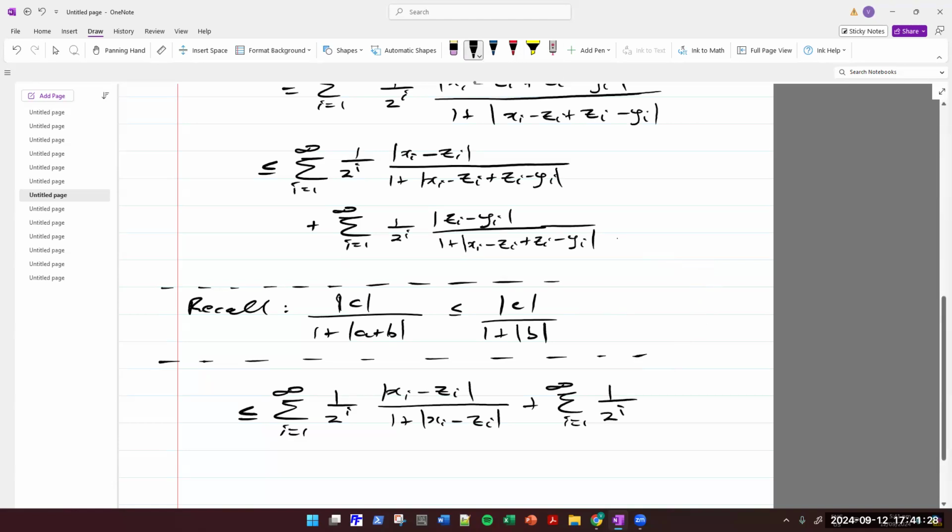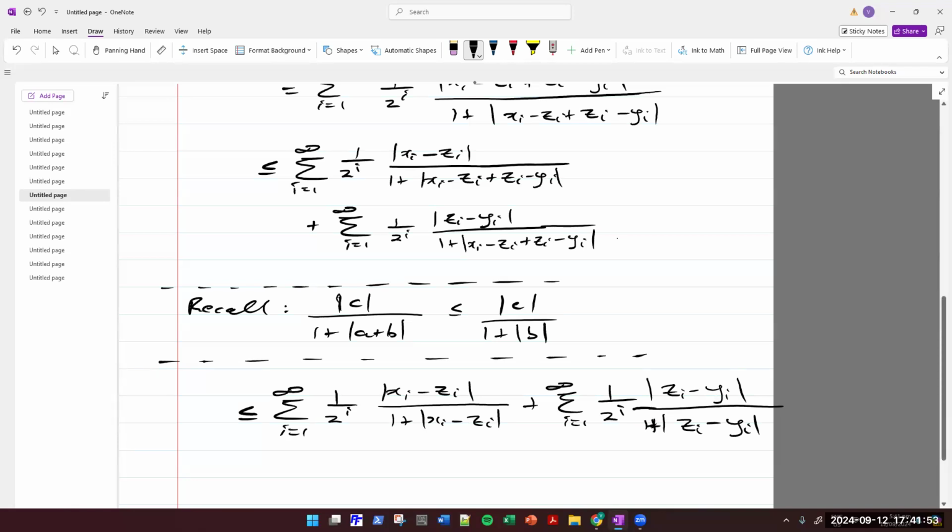1 over 2 to the i. So I have z and y. So I throw away everything in the denominator that has an x in it. So I'll keep the zi, I'll keep the yi. 1 plus that.